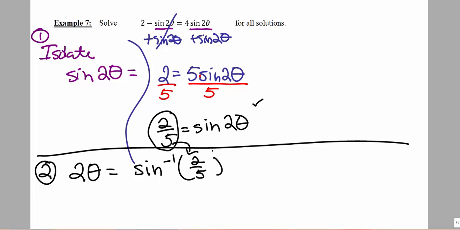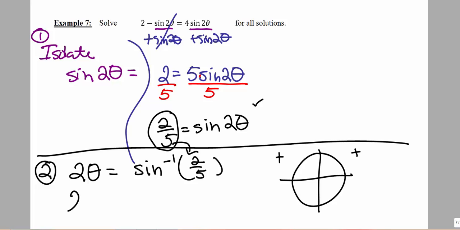Keep in mind that the sine value is 2/5, that's positive, so we're going to be looking not only in quadrant 1, but also in quadrant 2. So the calculator tells us that 2 theta is equal to, let's round to the nearest tenth, I get 23.6 degrees. So one of the angles from quadrant 1 is 23.6.